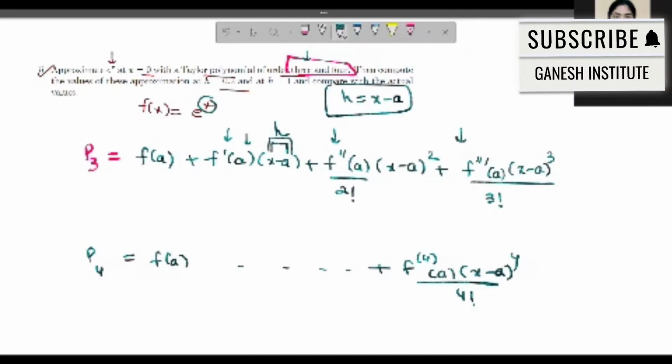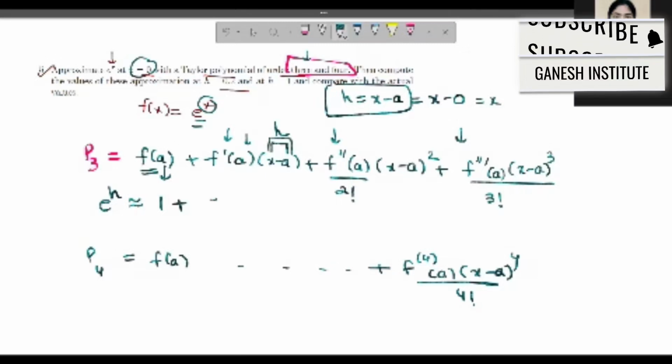Yes, yes. So when you do f(a) for 0, a is 0, right? Yeah. So you have this h, so you will expand it for e raised to power h. Initially you will put a as 0, so e raised to power 0 is 1. Then tell me the differentiation of e raised to power x.